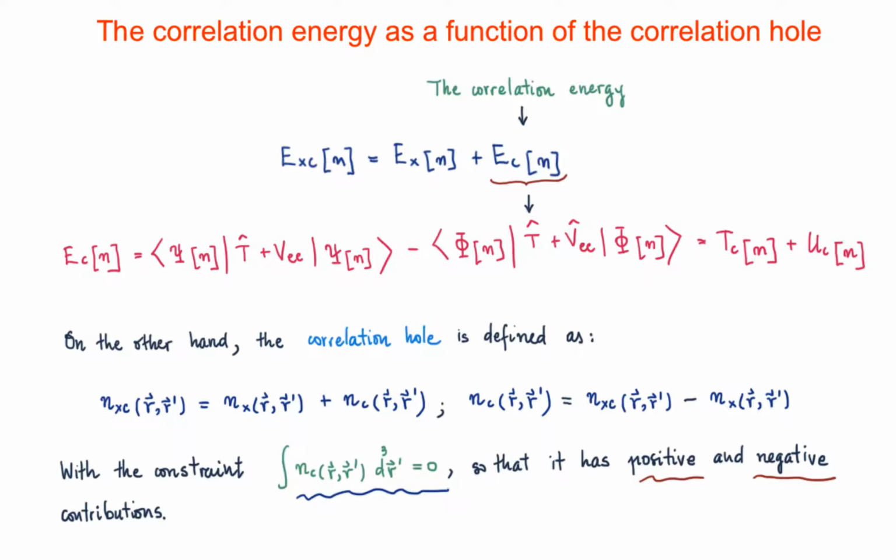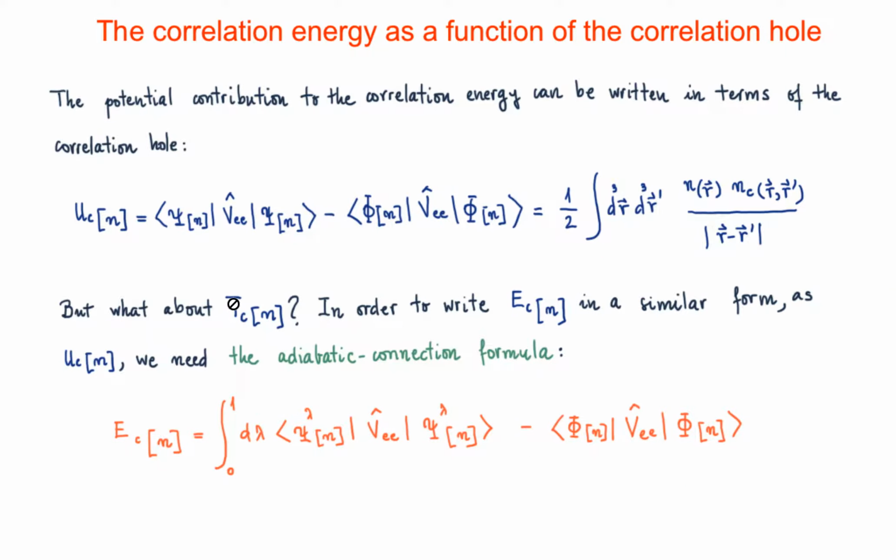So first, we are going to consider an expression for the potential energy contribution to the correlation energy functional, and that's what we have here. By definition, this is the potential energy contribution to the correlation energy functional.